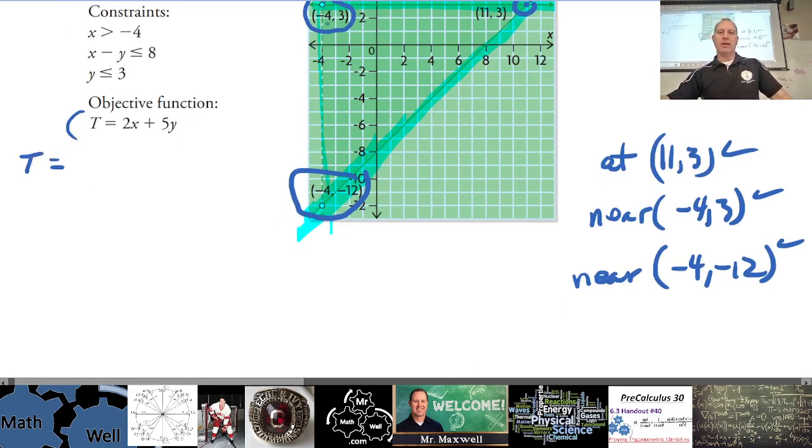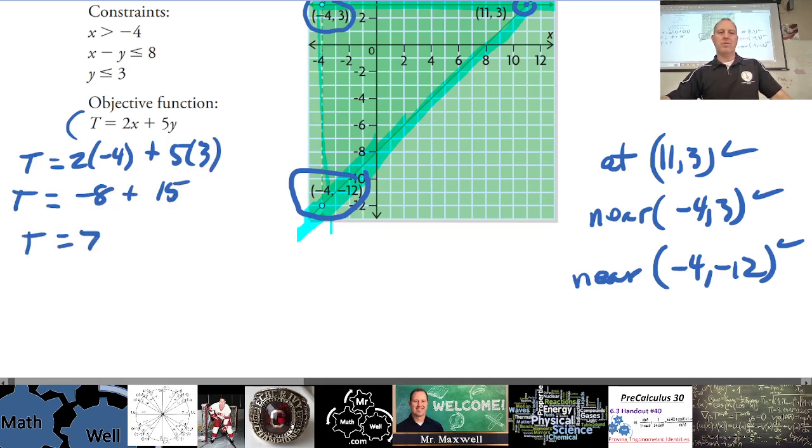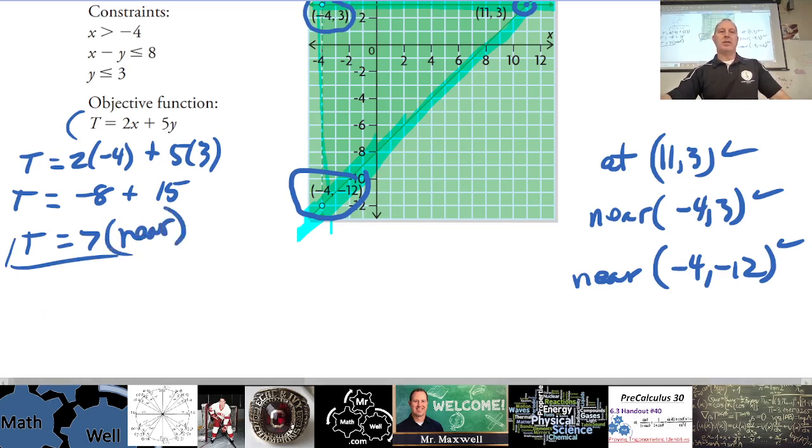Let's check the (-4, 3) one. So this is 2 times -4 plus 5 times 3, right? So that is going to be -8 plus 15, or 7. 15 minus 8, right? Yes. Okay, so that's going to be near that number.